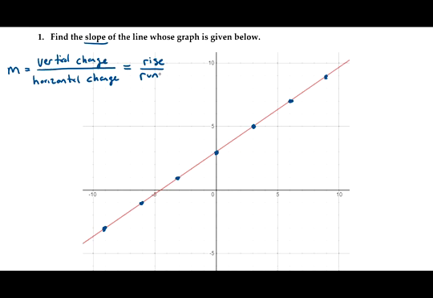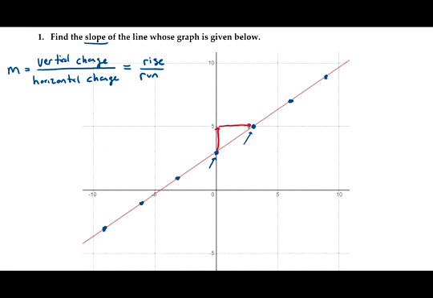Now it doesn't matter what 2 points you pick, but let's say I pick this point right here and this point right here. To get from this point to this point, you have to go up and then you have to go over.